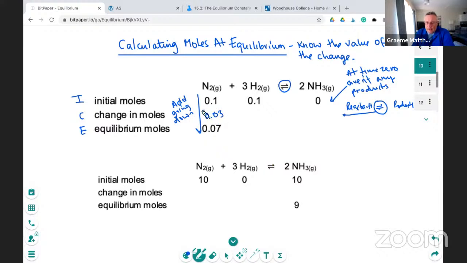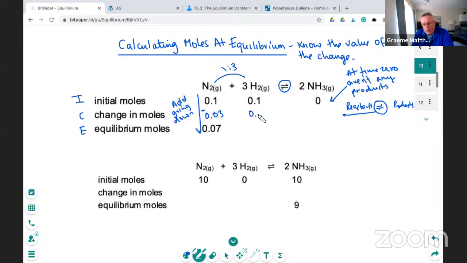The negative. Well, then on this one, you're thinking, 1 mole represented a change of 0.03. So therefore, there's a 1 to 3 ratio in your balanced equation between nitrogen and hydrogen. And so you'd have to take 0.03 and times that by 3, which I just did in my calculator there.